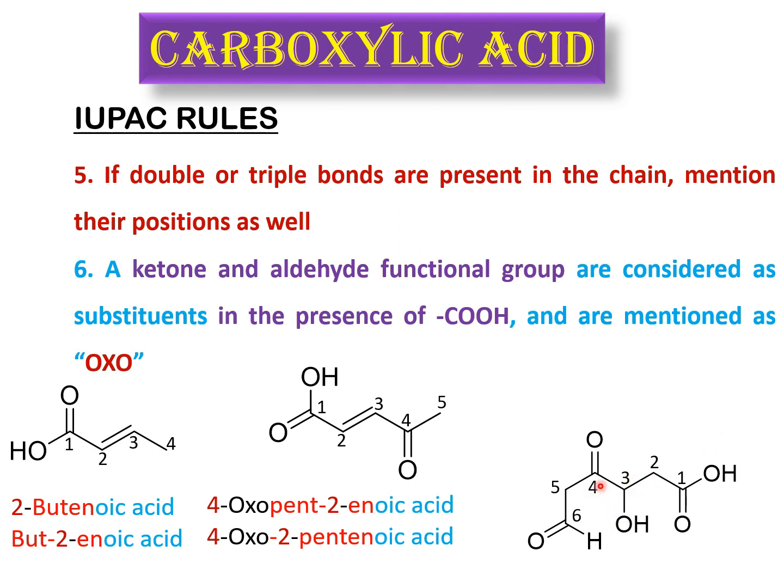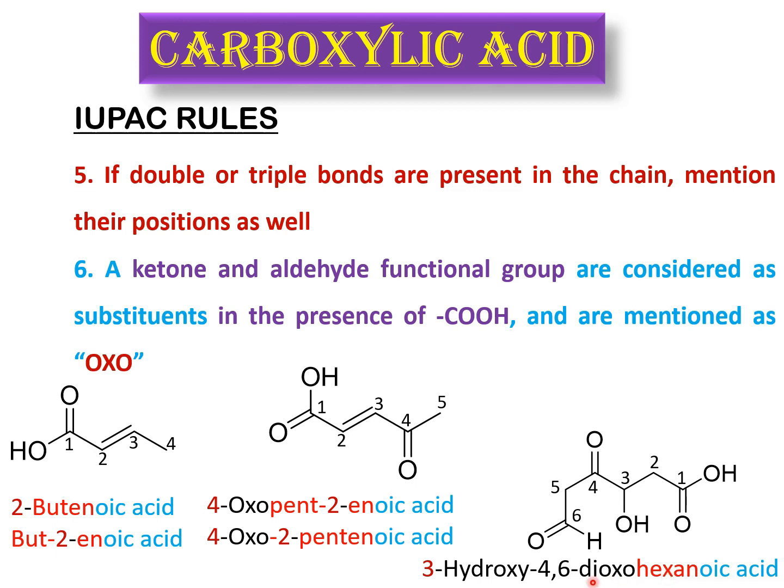At 4 and 6 we have oxo. Aldehydes and ketones both are named as oxo in the presence of carboxylic acids. So it's a 3-hydroxy-4,6. Now because we have 2 oxo, you cannot differentiate between ketone and aldehyde in this case. So it's a 4,6-dioxo, and because we have 6 carbons in the chain, it's a hexanoic acid.